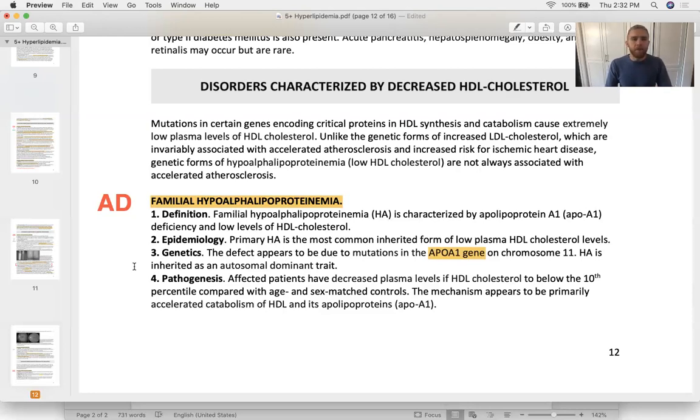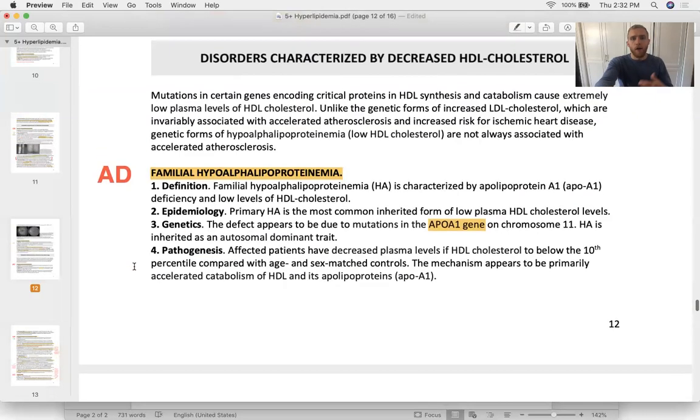This is what happens in familial hypoalphalipoproteinemia, which is an autosomal dominant mutation in the ApoA1 gene. ApoA1 is an apoprotein, just like ApoB48, just like ApoB100. So that means that this protein is able to bind to receptors that will scoop up a lipoprotein and endocytose it. The difference is that ApoA1 is on HDL and no other forms of cholesterol.